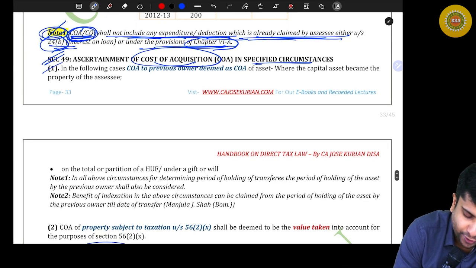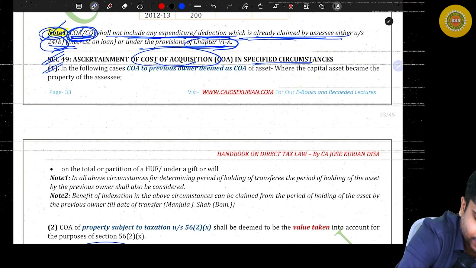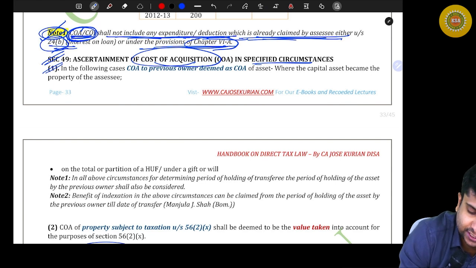Can you read that point number 1? We were about to determine the cost of acquisition in special circumstances, and let's understand each point one by one. So I want all of you to be very attentive right now. So listen friends, what do you mean by determination of cost of acquisition in certain special circumstances?